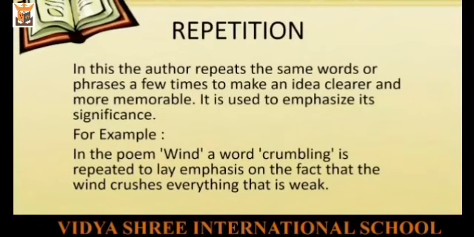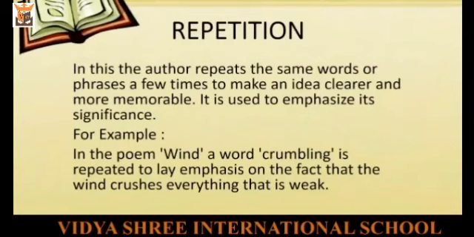For example, you have a poem in your syllabus, that is Wind. In that poem, a word crumbling is repeated to lay emphasis on the fact that the wind crushes everything that is weak.